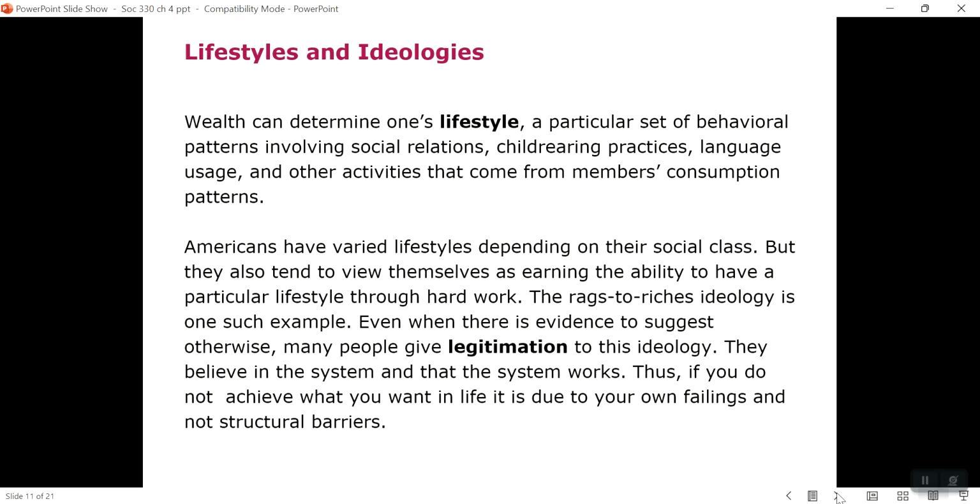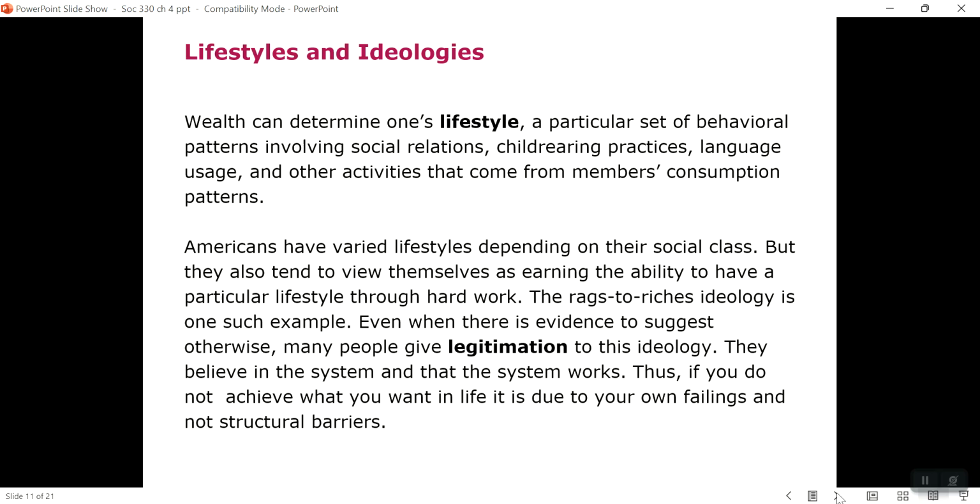In fact, there's a clip that I put into the module for this week that you should take a look at to see how it plays out when you're trying to divide a pumpkin pie up into how much the upper class has, the middle upper class, the lower class, etc. It's quite interesting to see how people in a mall, as they're walking by and are asked to participate in the exercise, split it up and how very wrong they are.